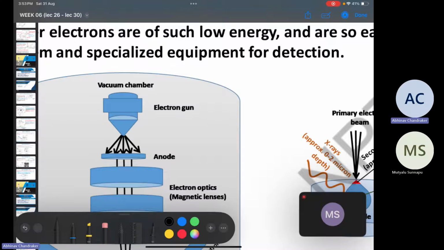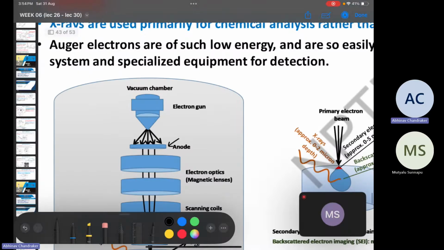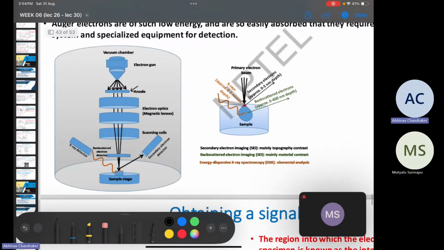Due to that heating, electrons get generated. We talked about it when we discussed the Van Grid, and we discussed that we have an anode which is used to accelerate the electrons which are generated. So we have already discussed this for both thermionic emission as well as field emission gun.